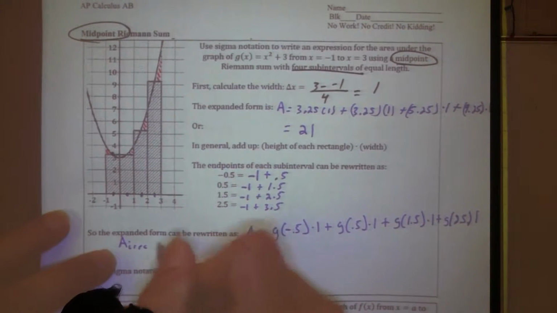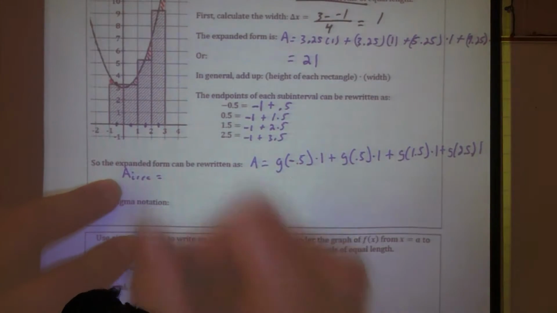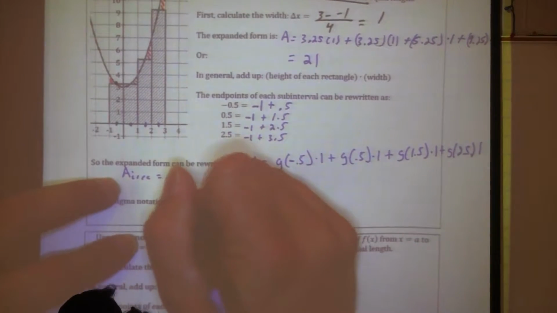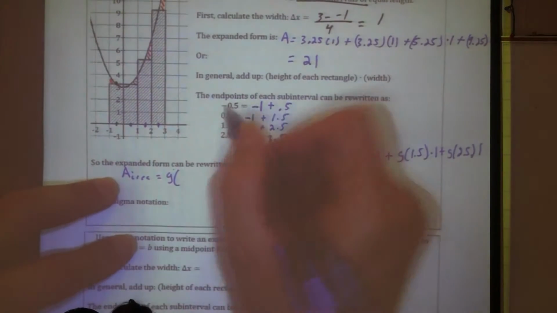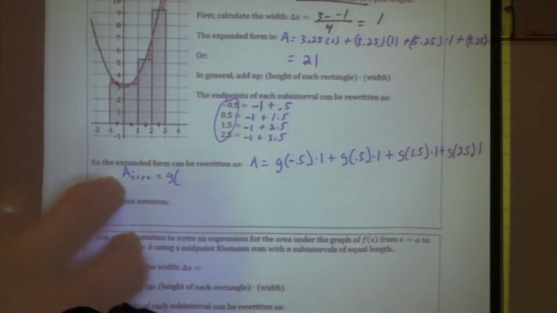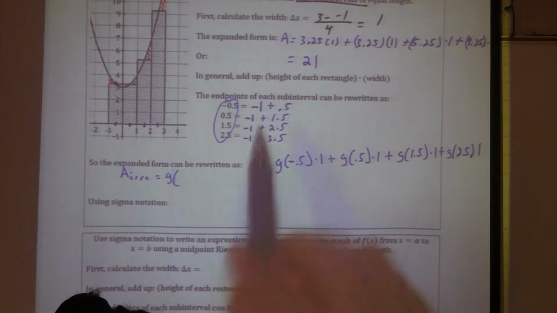Let's say the ith rectangle. What would that be? Come up with the general formula. It would be g of what? How do we figure out the number that goes inside? These particular endpoints are the ones I want to be able to figure out. What did I use here?